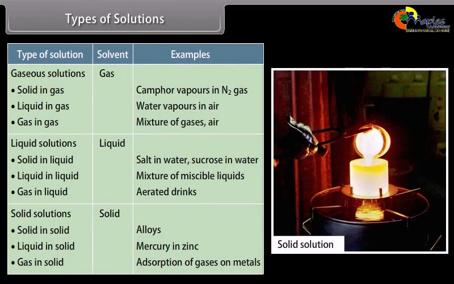In solid solutions, solid is the solvent. They are categorized as follows: solid in solid, for example, alloys; liquid in solid, for example, mercury in zinc; gas in solid, for example, adsorption of gases on metals.